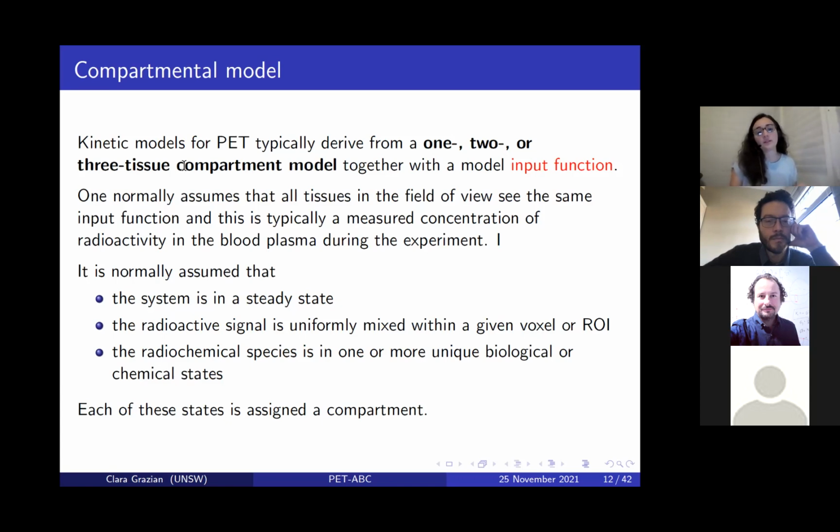And then it is normally assumed that the system is in a steady state. The signal is uniformly mixed within each voxel. And there are one or more chemical states.